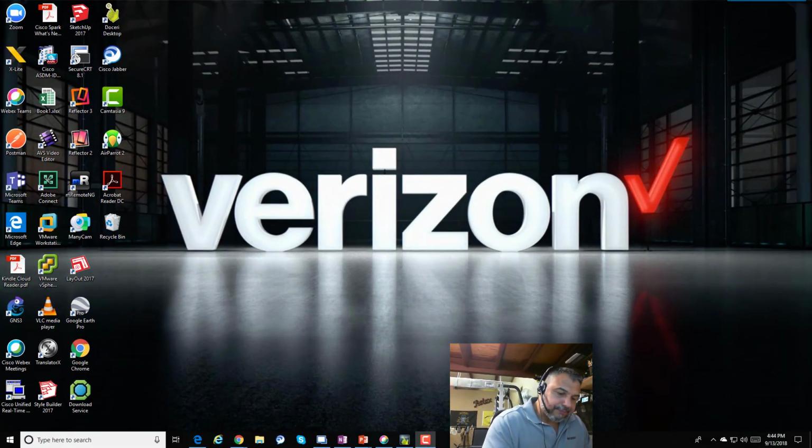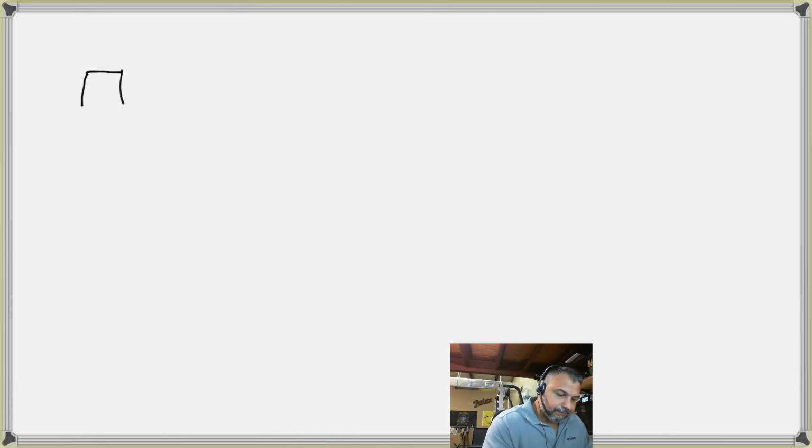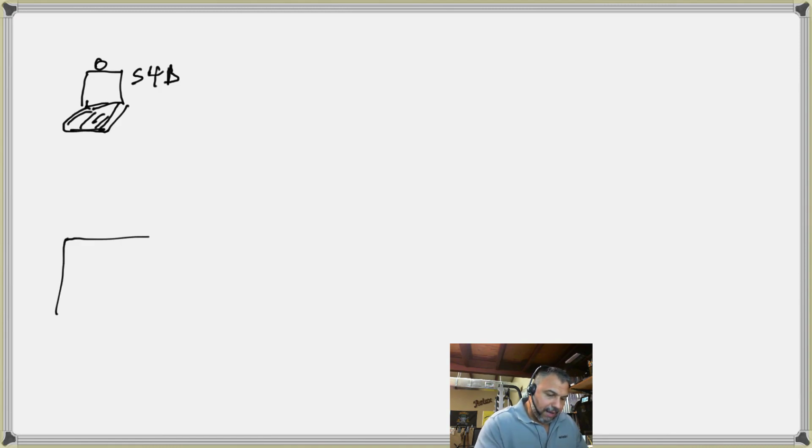We are talking about, let's say on this side, we have a laptop here, and this is a Skype for Business user. All right, that's a pretty lame laptop. And then, maybe we have a Polycom room system here. Let's draw a little kiosk there.